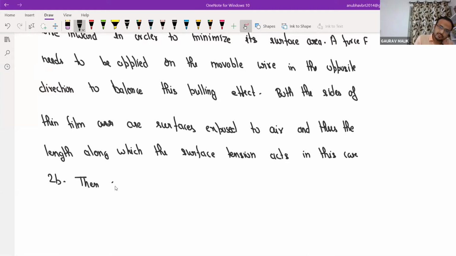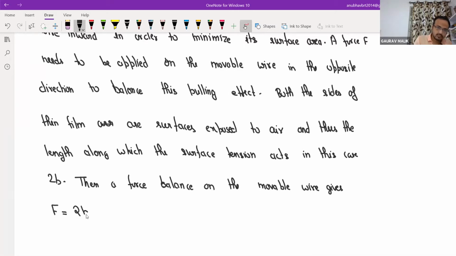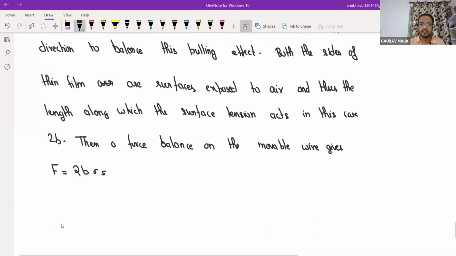So then a force balance on the movable wire gives F is equal to 2B into sigma s, because surface tension is force per unit length, and which length you already know.